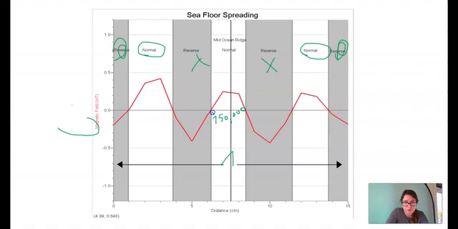So if this one occurred 750,000 years ago, and then this one occurred 250,000 years prior to that, and then this one occurred 250,000 years before that. If we know all of that information, then we should be able to figure out how old our oldest rock is, which is represented over here.